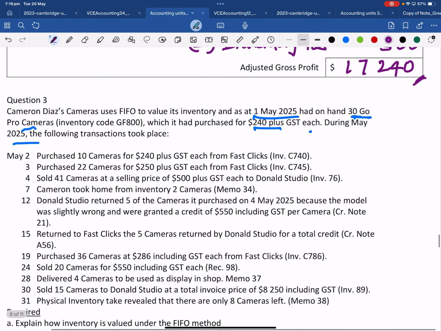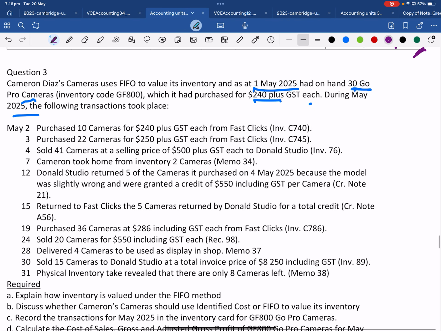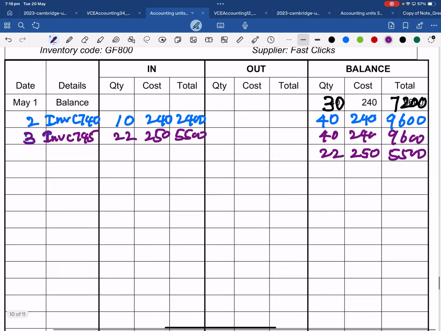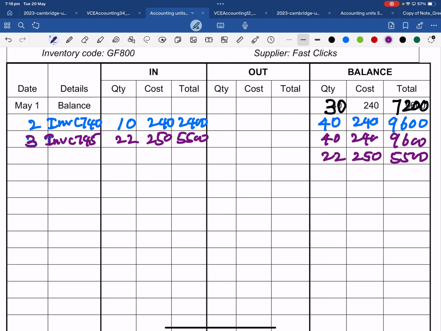Then the 4th, sold 41 at a selling price of 500. Remember with identified cost, they had given us this many items at this price. But this one, no. Okay, 41 at 500, so invoice 76.